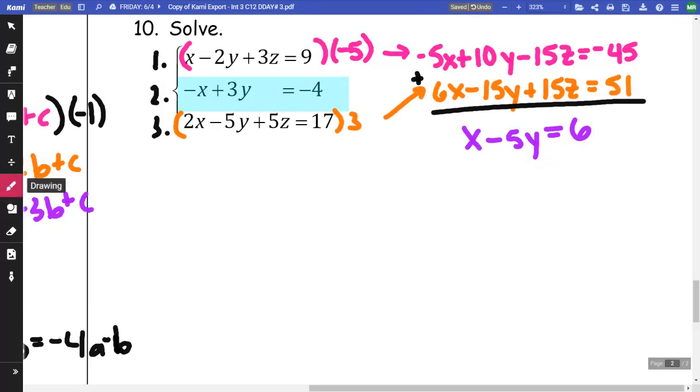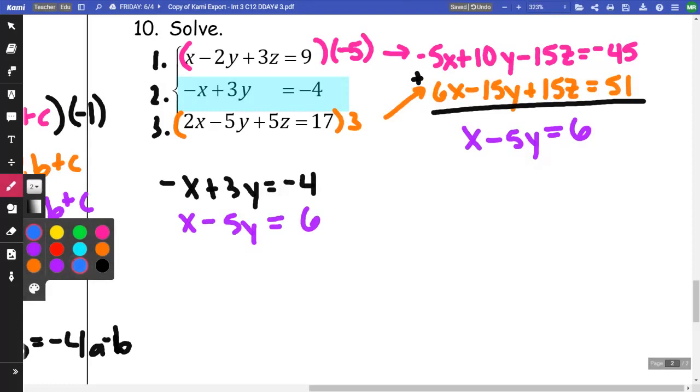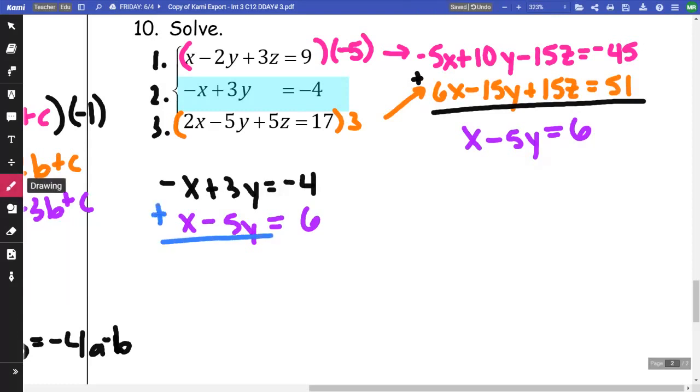So let me write equation 2 out as -x plus 3y equals -4. Let me take my equation I just got, which is x minus 5y equals 6. And you can see that I got a system of equations with 2 variables. And the nice thing is when I add these, my x's are going to cancel out, and I get -2y is equal to 2. So y is going to be -1.